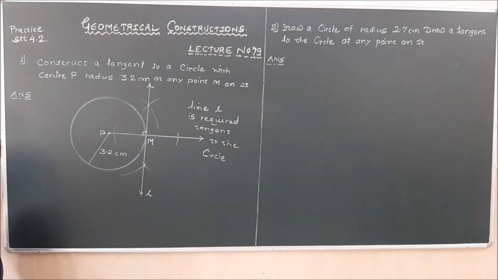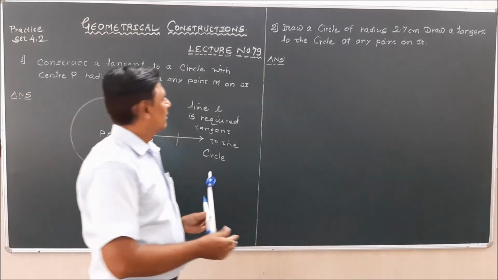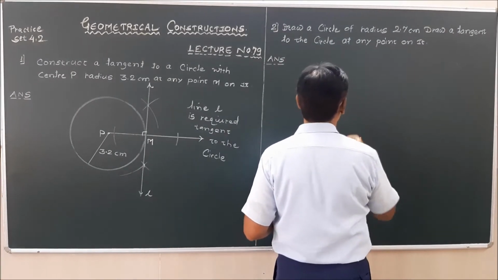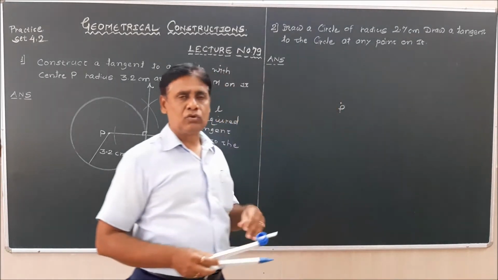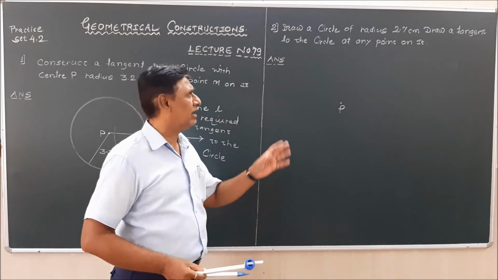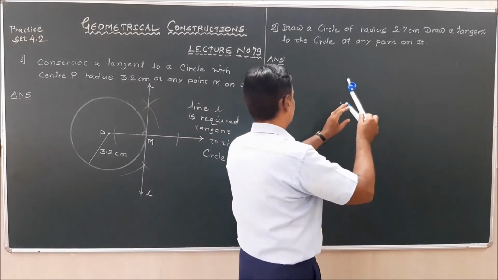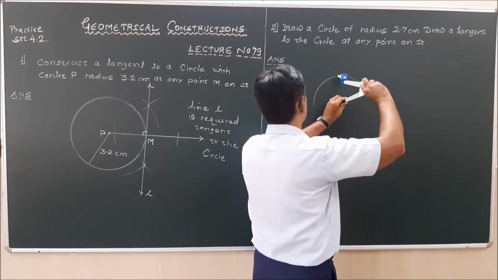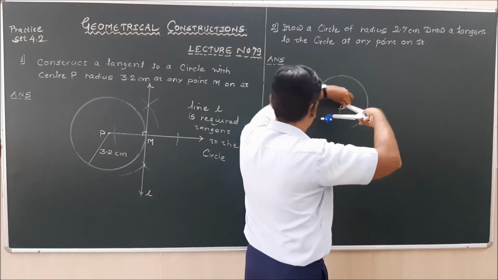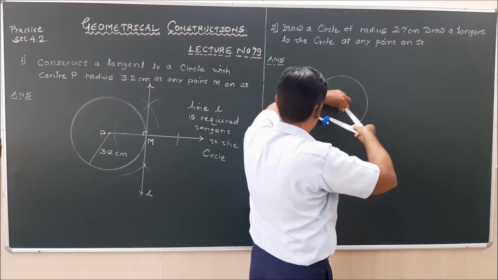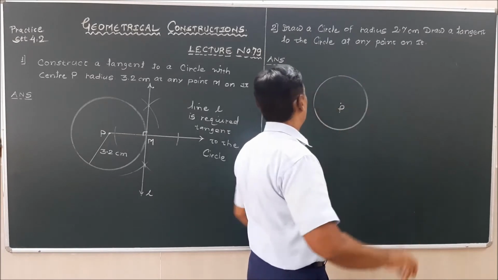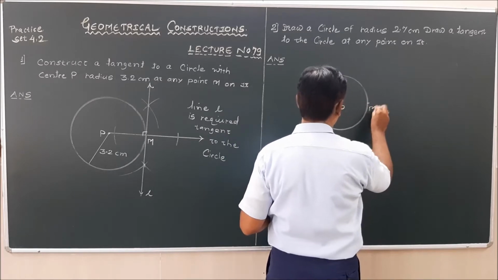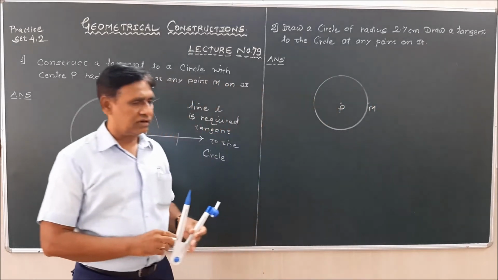After taking 2.7 as a radius, it is not mentioned what to take as the center, so you can take any alphabet, any variable. Draw a circle, very simple. After drawing the circle, I am going to plot point N, anywhere on the circle.